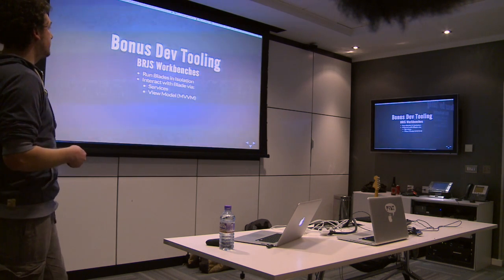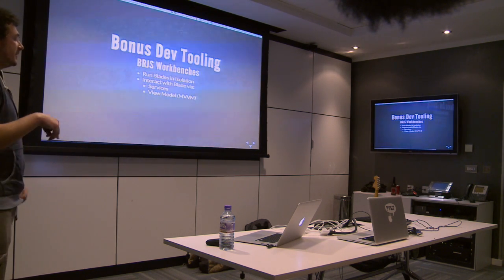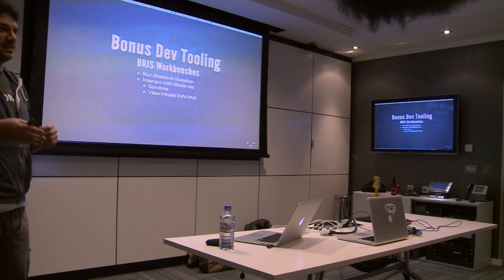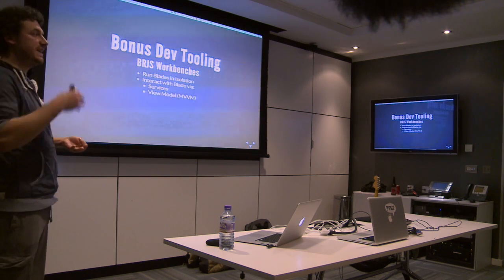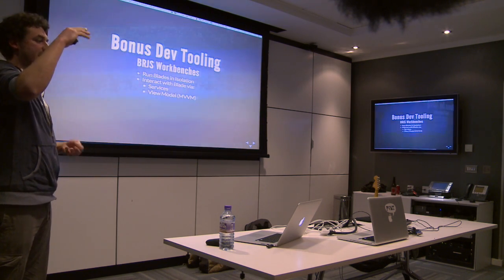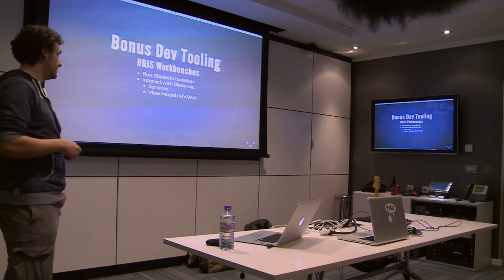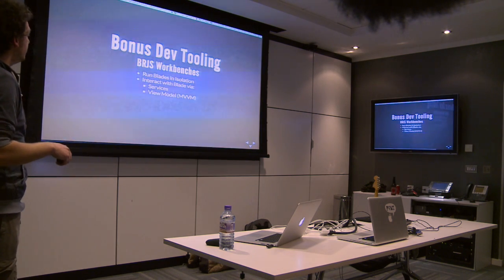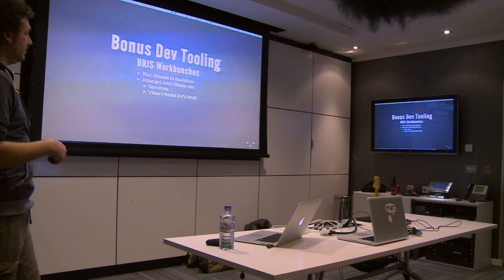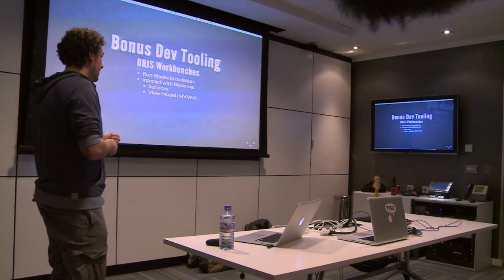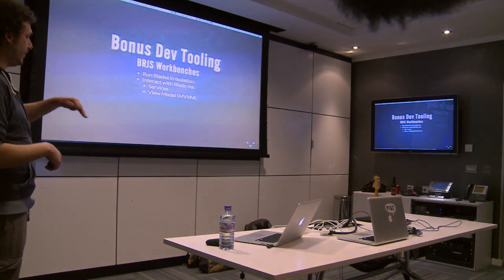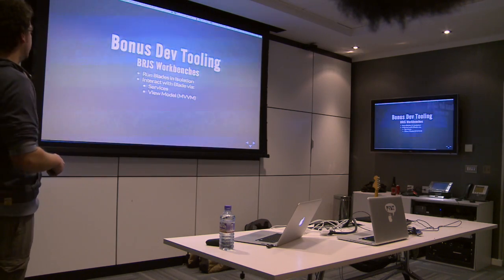So, bonus dev tooling. Because we're building vertical slices of functionality with everything required, and because we interact with external things through these services, through these interfaces, we can actually interact with the blade in isolation, standalone, through services and through poking the view model and seeing how that interacts with the services.